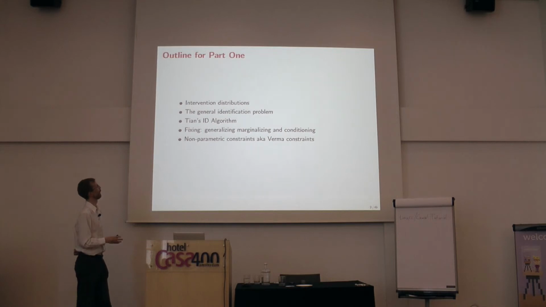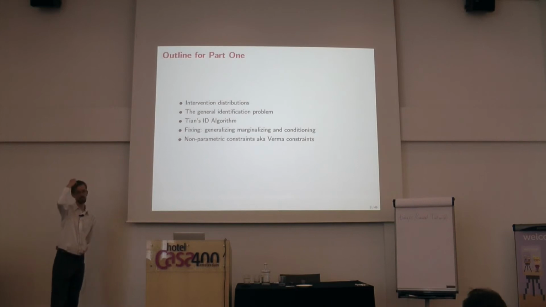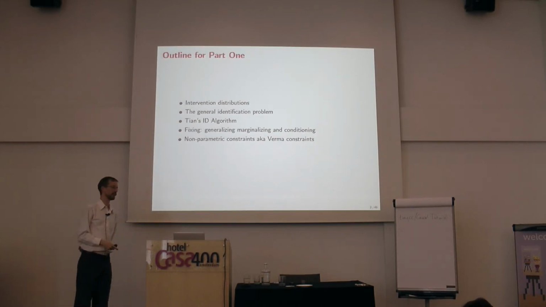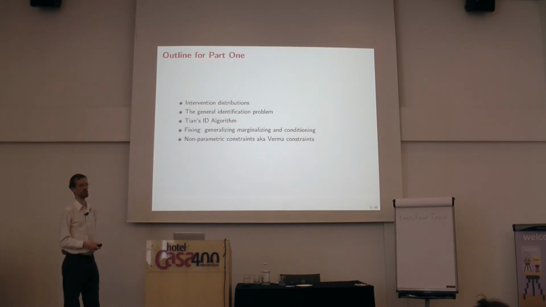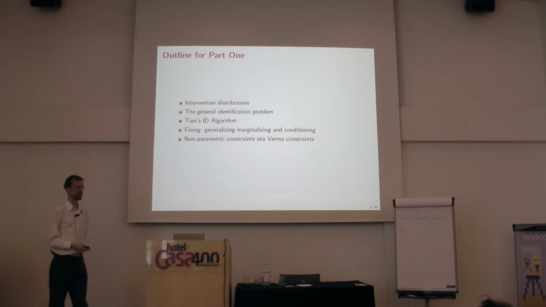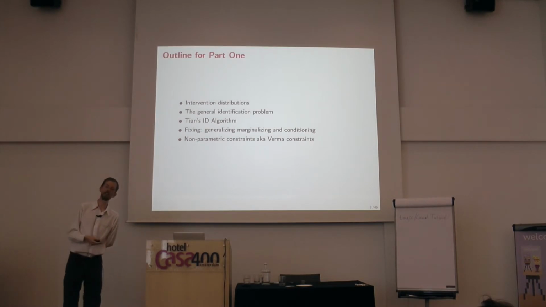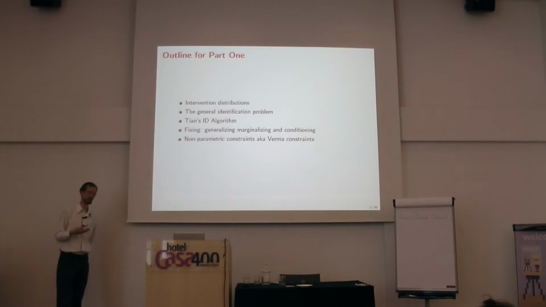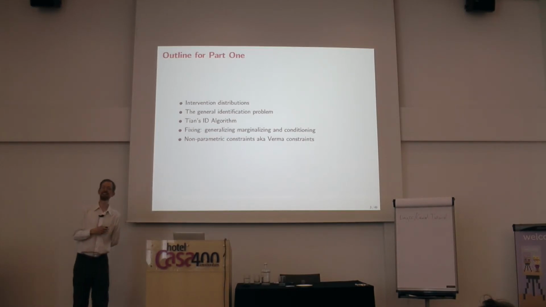So this is the outline for part one. I'll start off talking about an intervention distribution, and then that will lead into the general identification problem that arises when not all variables are observed. And then I'll present an algorithm that solves that problem that's due to Tian, the ID algorithm.